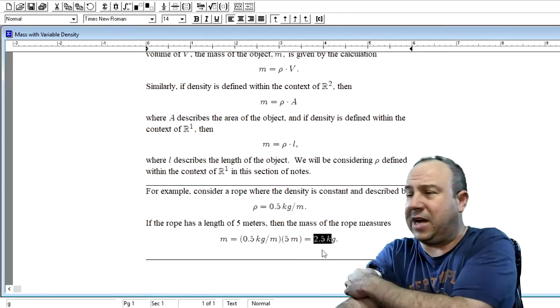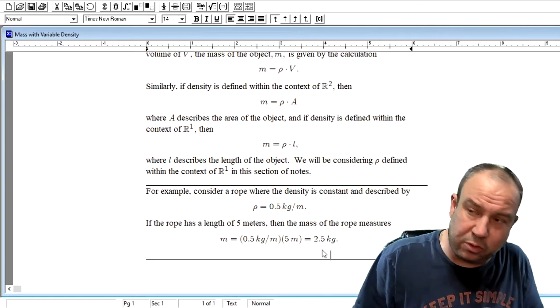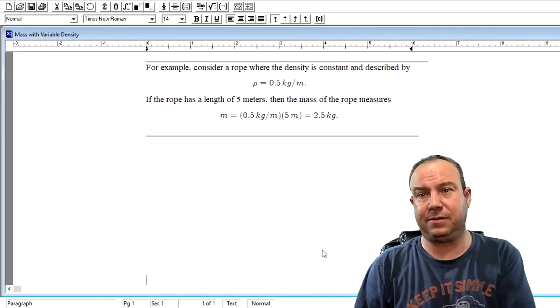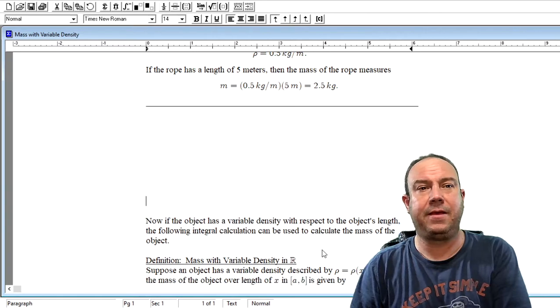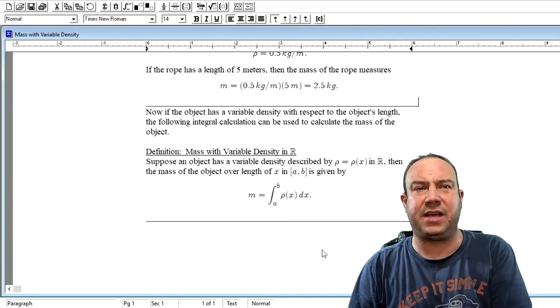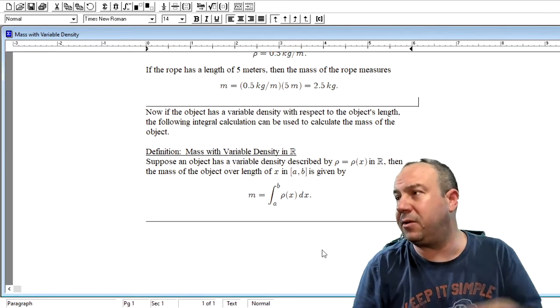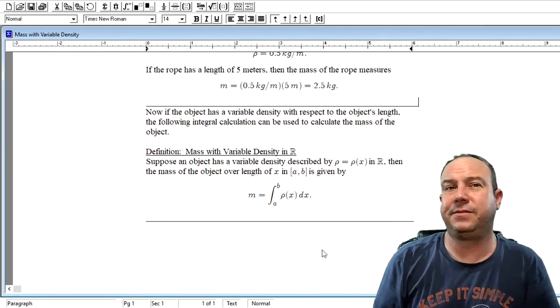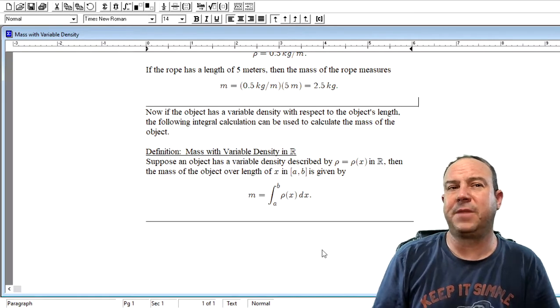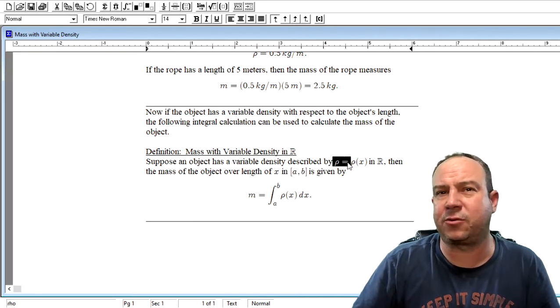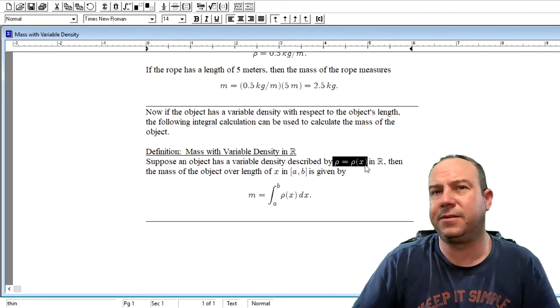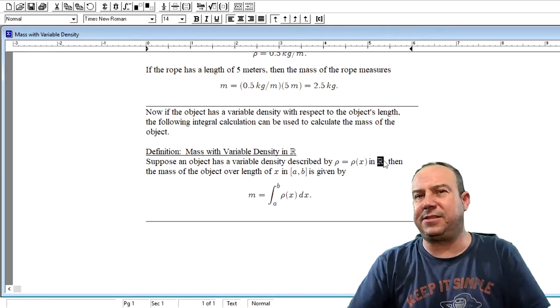Now that's the case for constant density. We're looking at variable density. The object has a variable density, and the mass of the object is calculated with this integral calculation. Suppose an object has a variable density described by rho equal to rho of x in one-dimensional space.